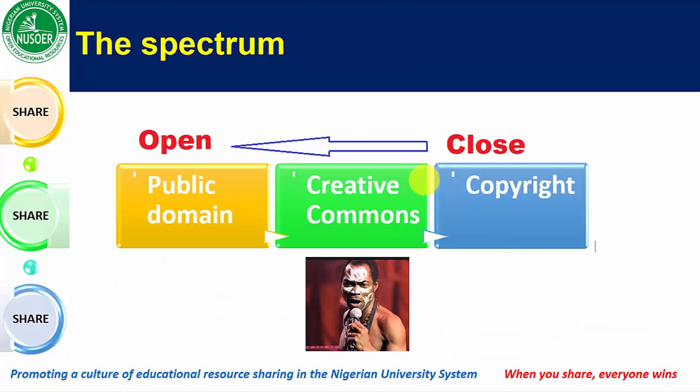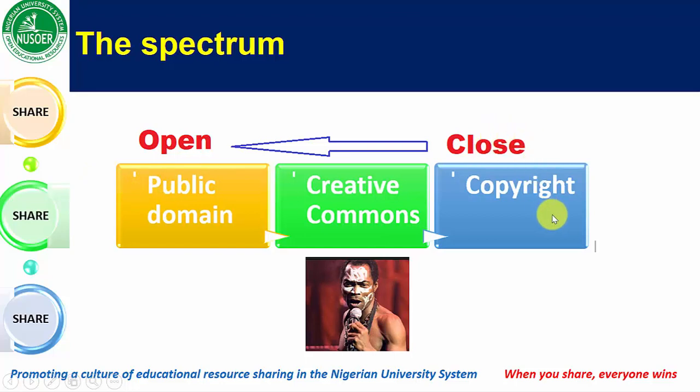Now, we are going to be walking through a spectrum during the course of these 20 minutes, and it's open and close. Now that takes me back in time. Fela Ransome Kuti, this popular musician, talked about open and close. We have been living in a world of open and close with regard to educational resources. Open, public, make everything available to people in the public domain, and close in the copyright.